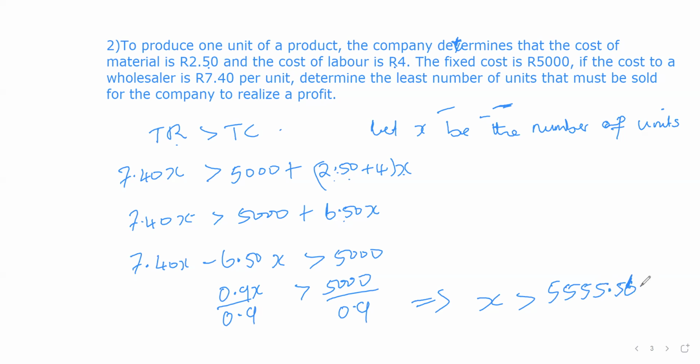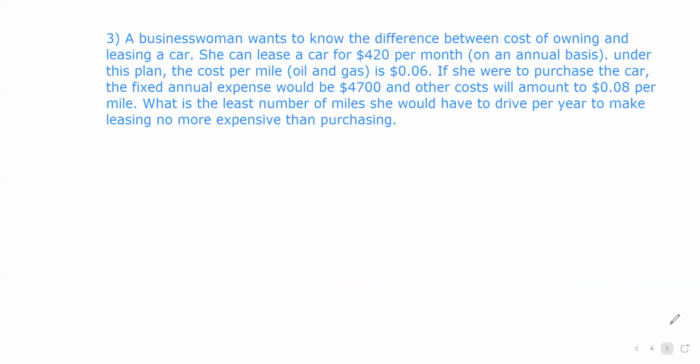So X is greater than 5,556 units. So the least number of units that should be sold is 5,557, because greater than 5,556 should be 5,557. That is the least number of units that should be sold for them to realize a profit. So this question is typically the same as the previous one.